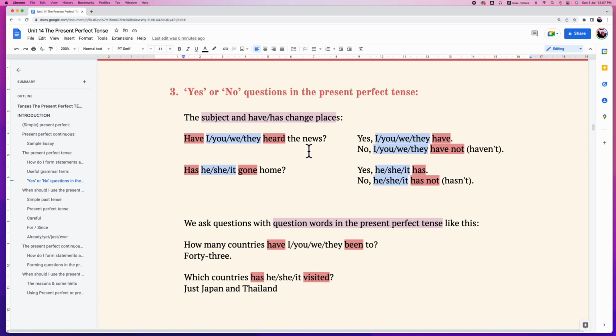For example, I have heard the news becomes: have you heard the news? Or: has he, she, or it gone home? Yes, she has. No, she has not.